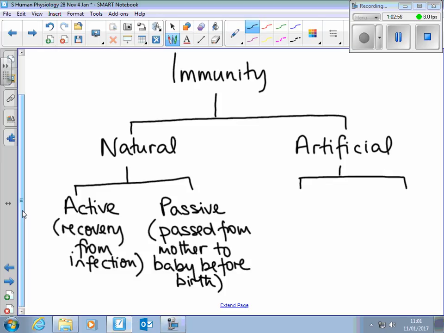So he trialled a vaccination process where he took some of the blisters from a cow with cowpox, scratched a small boy's arm and introduced some of this stuff in. And the boy turned out to then be immune to smallpox. So that was the start of vaccination.